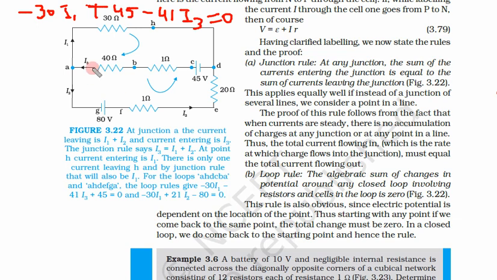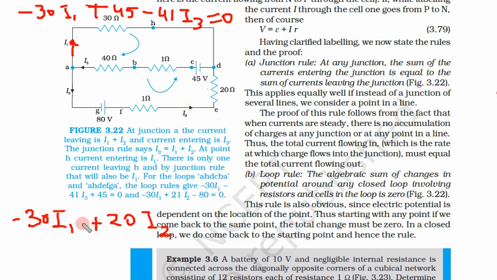Now let us take this bigger loop. So what do we see in this bigger loop? Let us start again from point A. Minus 30 I1. Okay, then the current goes into this. So what do we see? Minus 20 I2, because the current here is I2, but the current direction is opposite.